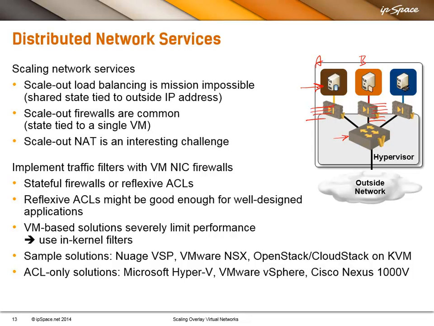All of them use stateful or stateful-ish solutions that are implemented in kernel. For example, OpenStack or CloudStack would use iptables and ipset. Access control list only solutions: Microsoft Hyper-V has it built in the new release, as does VMware vSphere 5.5 or Cisco Nexus 1000V.